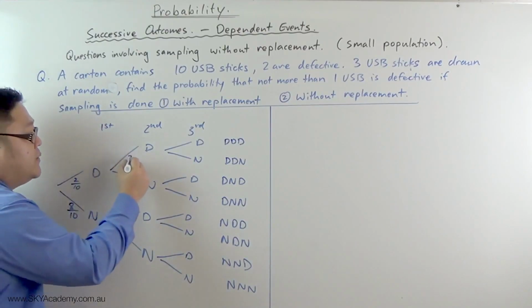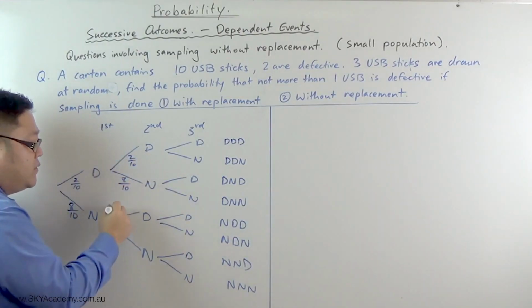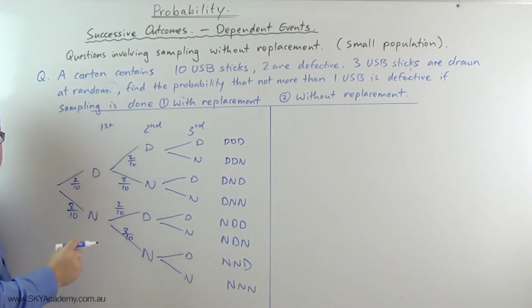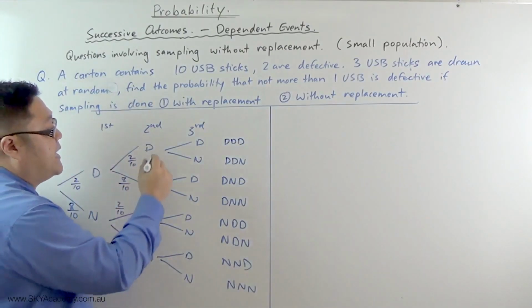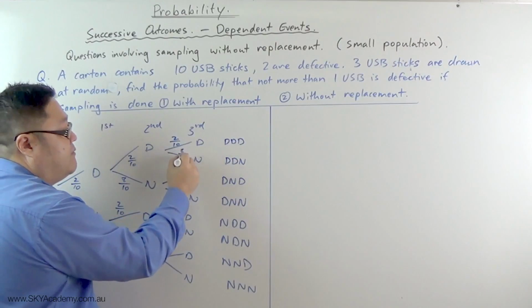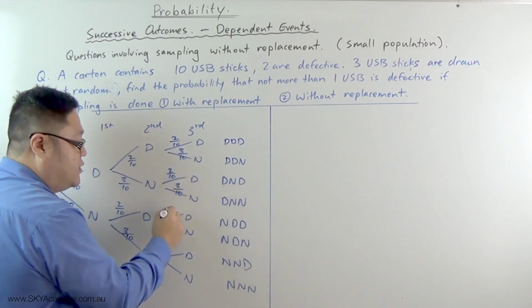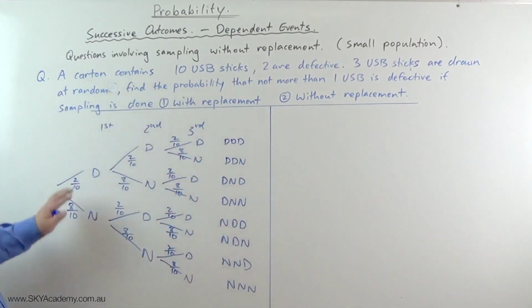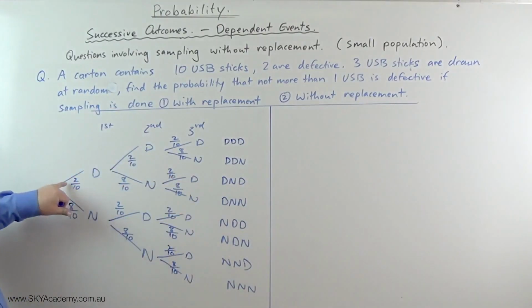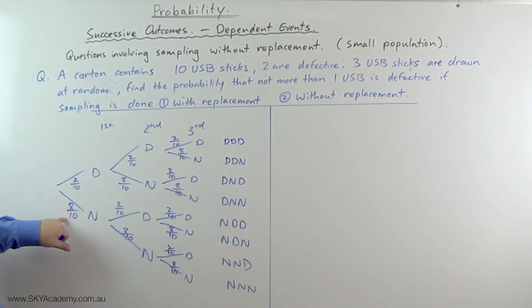So what you've got is 2 out of 10, 8 out of 10 for our second choice. For our third choice, it's going to be the same, 2 out of 10, 8 out of 10. So the probabilities haven't changed. The probability is still 2 out of 10 and the probability is still 8 out of 10.